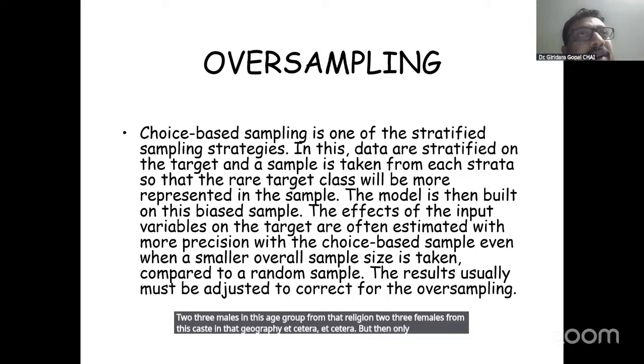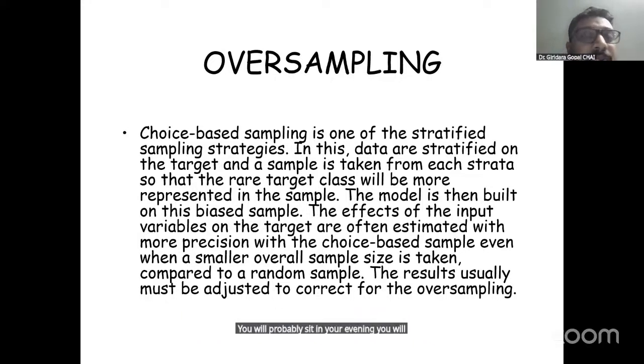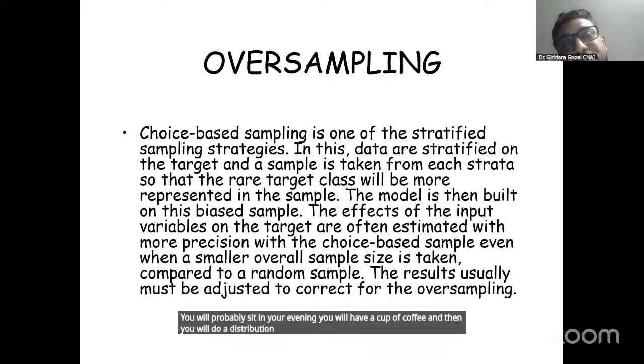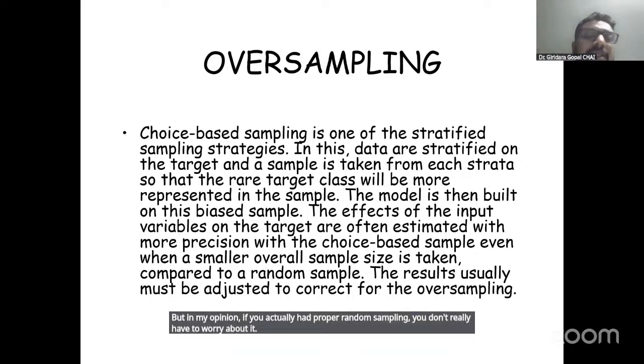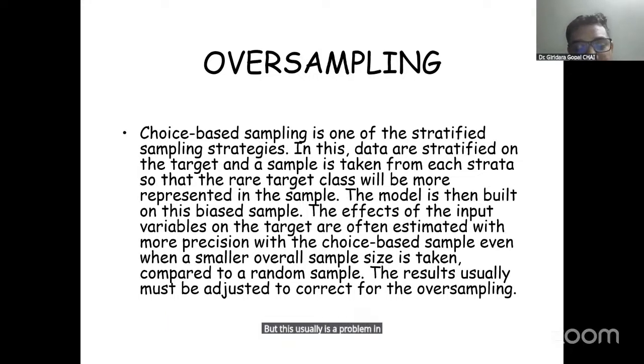So at times, by the time the data comes to you, you will sit in the evening with a cup of coffee and do a distribution check and see what is the proportion. You may land up oversampling, and that's okay. But in my opinion, if you actually had proper random sampling, you don't really have to worry about it. But this usually is a problem in stratified sampling strategies.